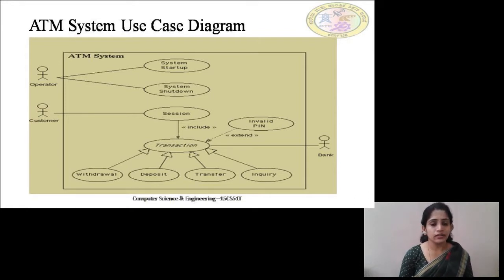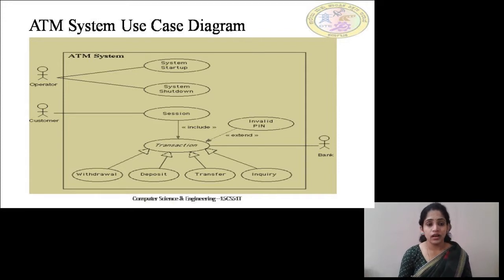If we look at the extreme left side, this diagram defines mainly three primary actors, namely operator, customer, and the bank. One is operator, second one is customer, and the third one is bank.